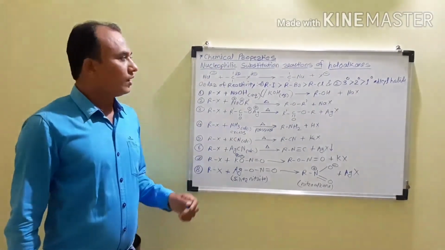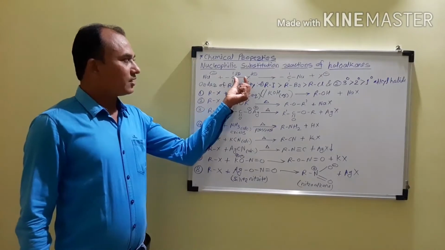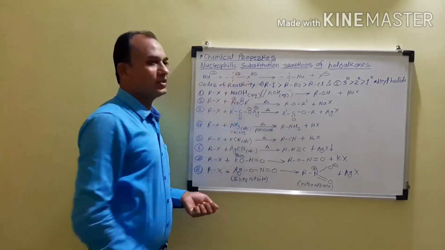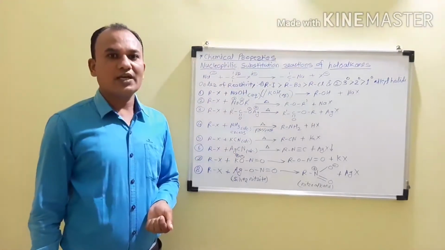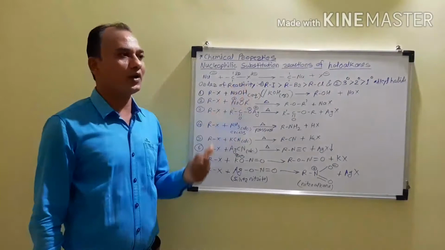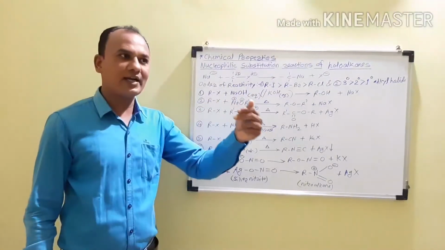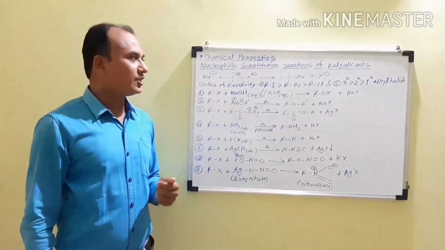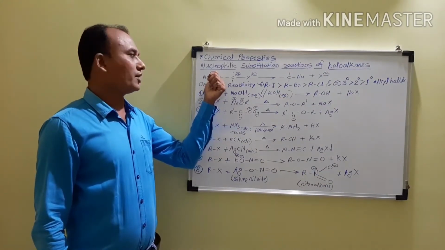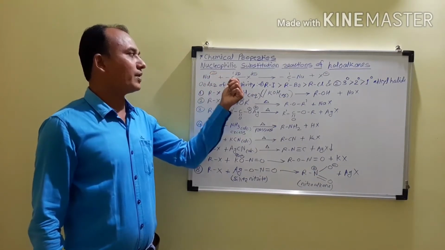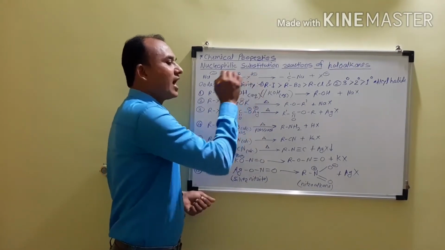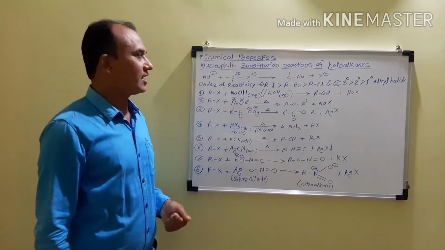Now in the substrate, if you observe the C-X bond, the carbon carries the partial positive charge. It is the positive center for the attack of the nucleophile, because the nucleophile attacks at the positive center, and therefore this nucleophile, which carries a negative charge or is an electron rich species, can attack on this carbon atom. Then there will be a replacement of the halogen atom from this alkyl halide.